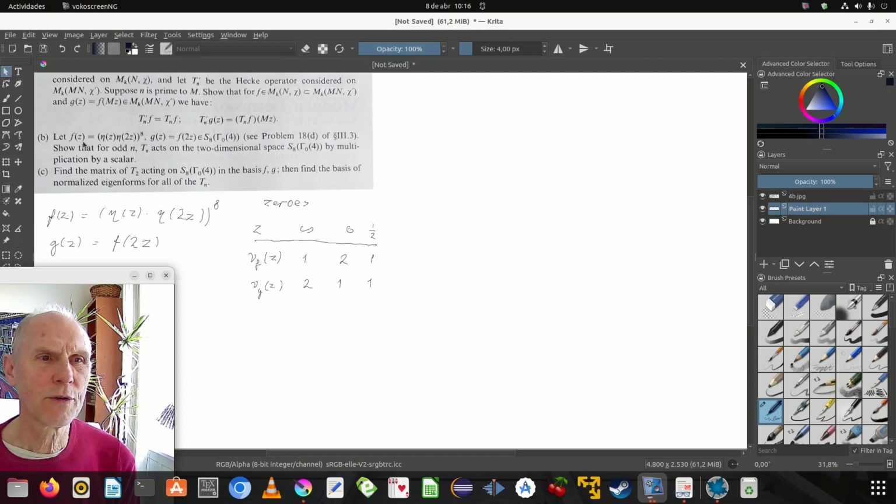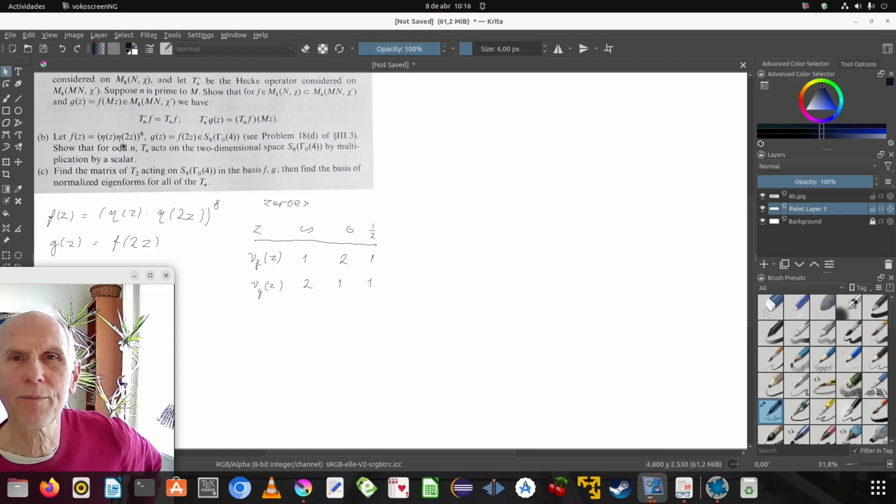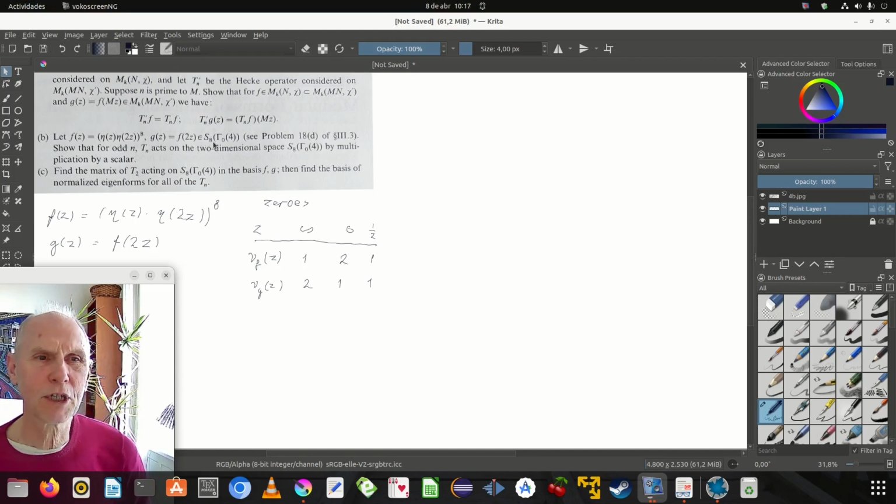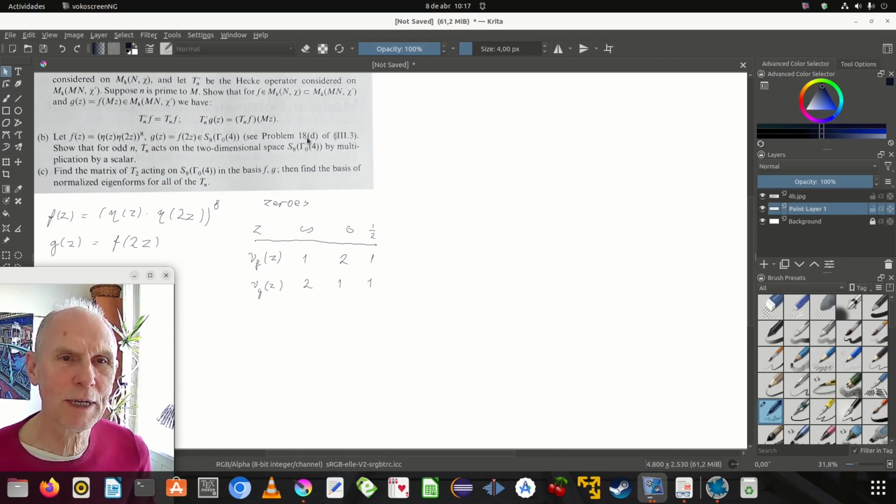So you see this guy to the third is a cusp form because it's delta z times delta of 2z. So everything works out without much detail in problem 18d. So I needed to get a little more acquainted with the functions.